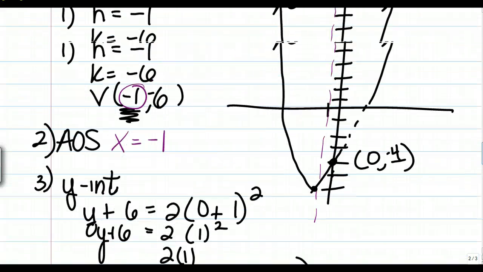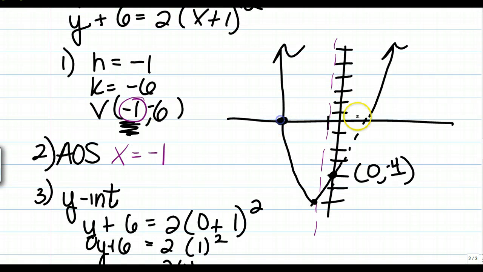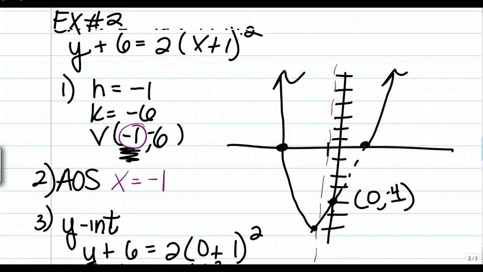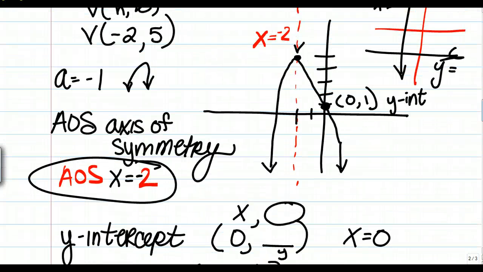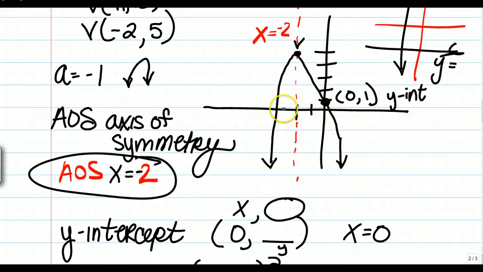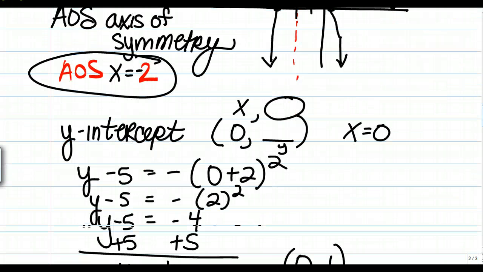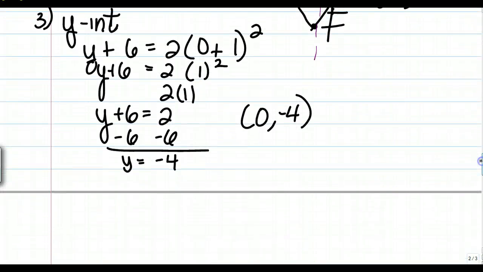Since this parabola is going to cross right here and here somewhere, you need to find your x-intercepts. On this particular problem above, we probably could have found the x-intercepts for these two points. Where does it cross the x-axis? So let's do it for this one. This is an easier problem to first find the x-intercepts.